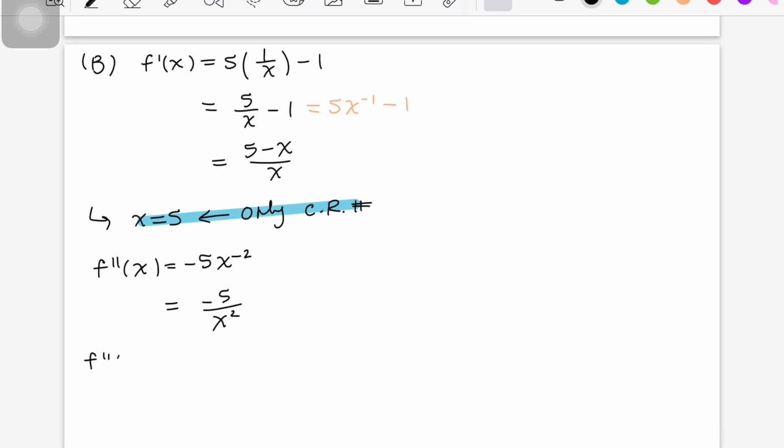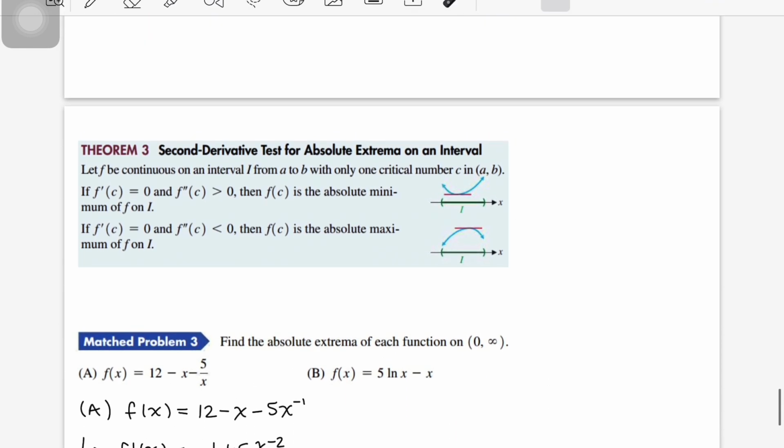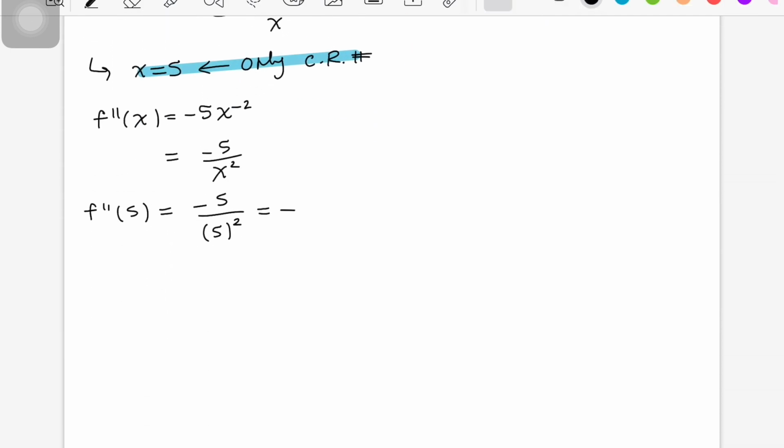Now we're going to evaluate our second derivative at the critical number. And this is going to be a negative number. And again, using our second derivative test on this interval, if our second derivative is negative or less than 0 for this critical number c, then our function evaluated at that point is going to be an absolute maximum.